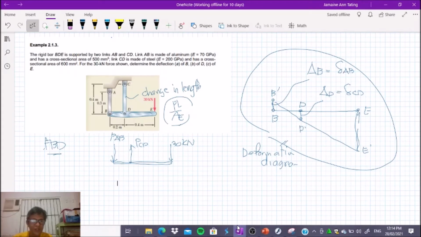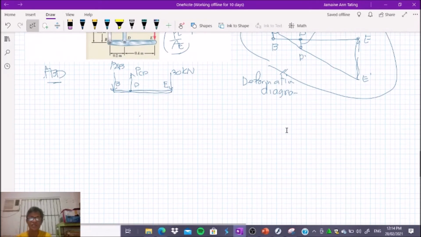Well, so this is point B, and point E. So hindi ko na kompleto yung solution natin. I will just show to you the formulation. So just take summation moment at point B. So this is point 2 and this is point 4 equal to 0.